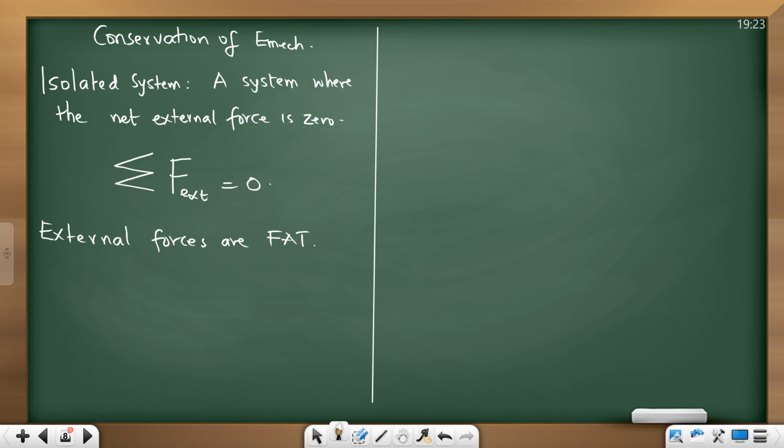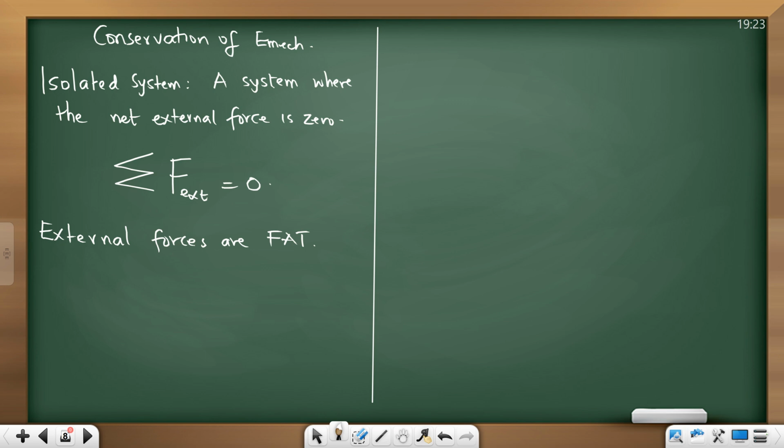So it's a language per subject, although the ideology means the same. Isolated talks about forces, while in chemistry we say closed because we talk about interaction, exchange of matter. External forces are what?